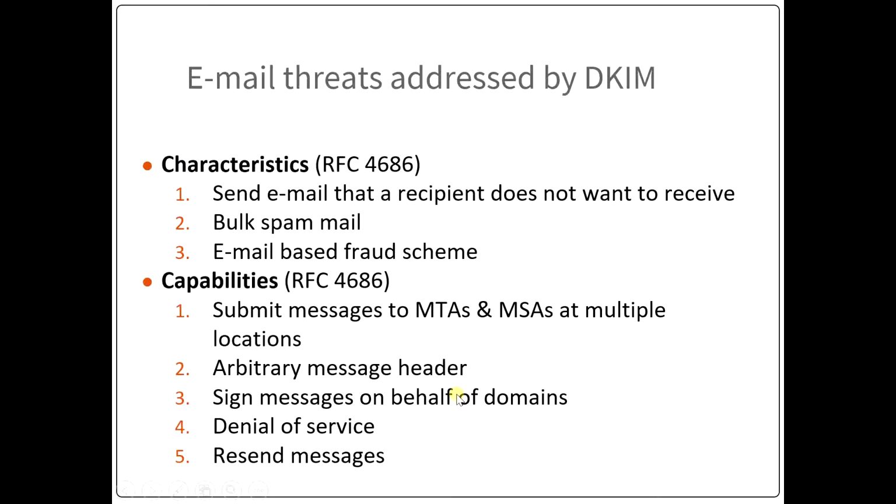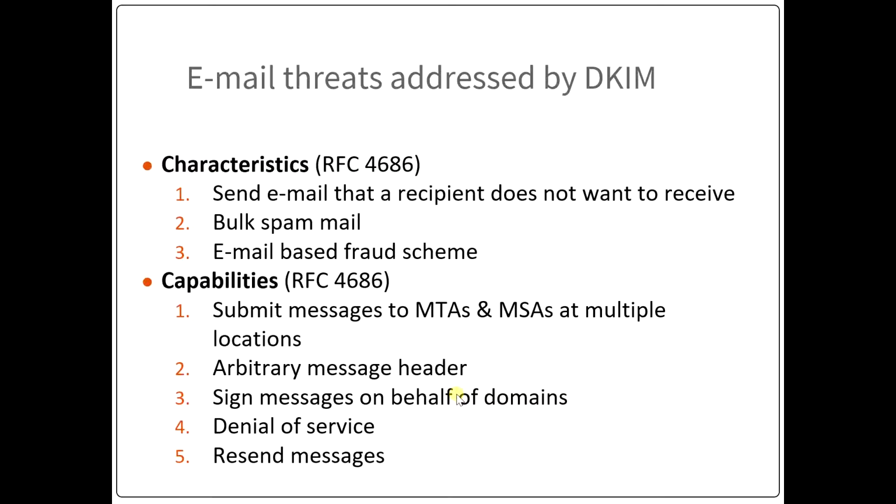The second capability would be to construct arbitrary message header fields, including those claiming to be mailing lists, resenders, and other mail agents. The third one could be signing messages on behalf of domains under their control.